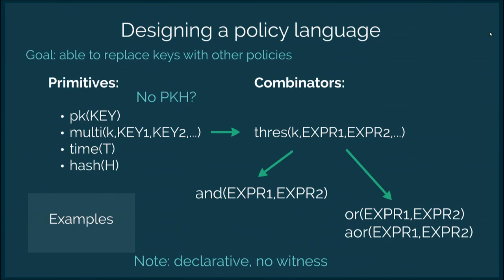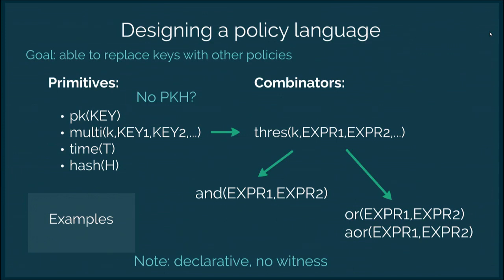The second is the asymmetric OR, whose goal is to express that the first sub-expression is much more likely to be satisfied than the second, which I'll talk about more, but we have a probability model, and this lets you do actual optimization for minimizing the cost under certain circumstances.